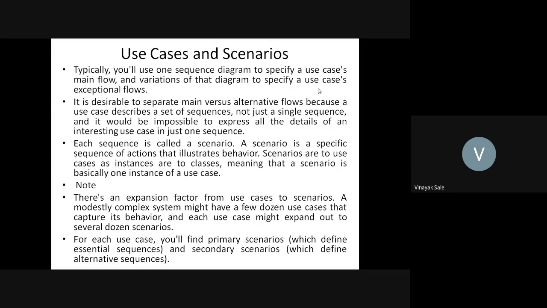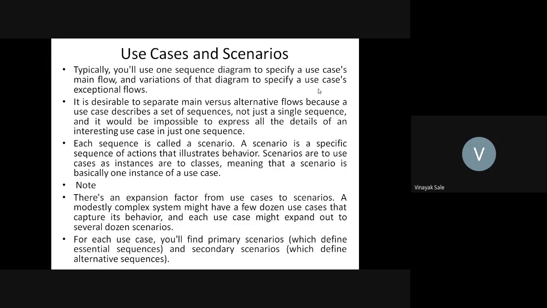It is desirable to separate main versus alternative flow because a use case describes a set of sequences, not just a single sequence. It would be impossible to express all details of an interesting use case in just one sequence.